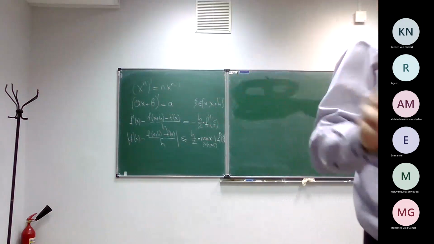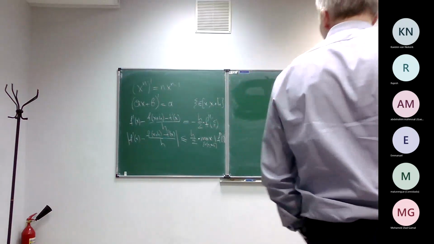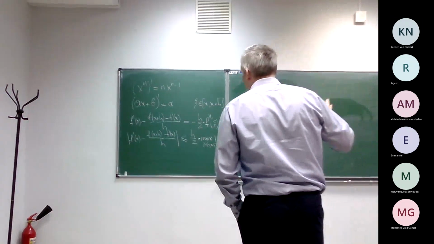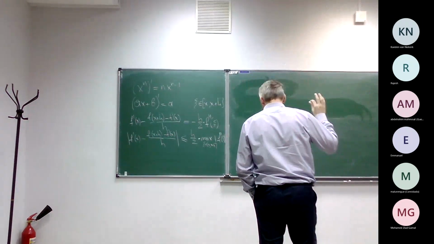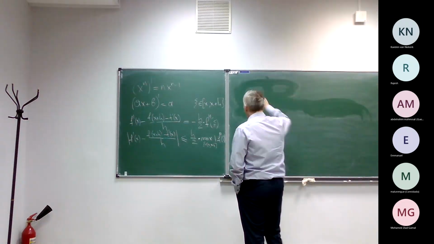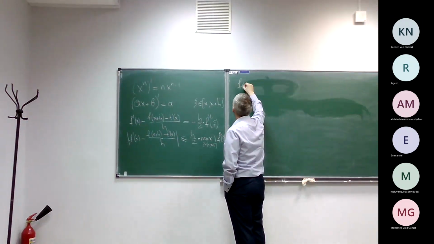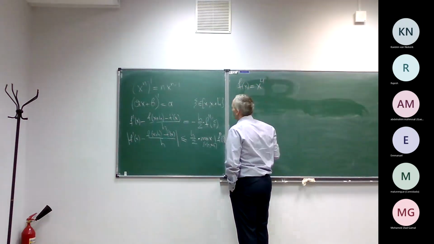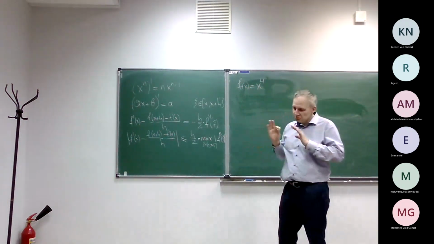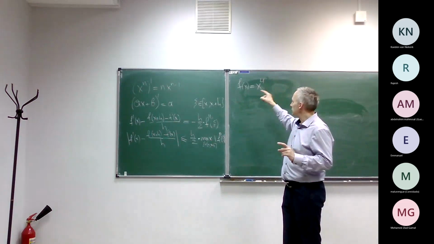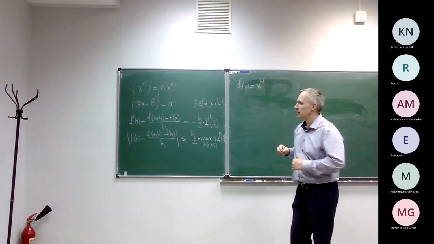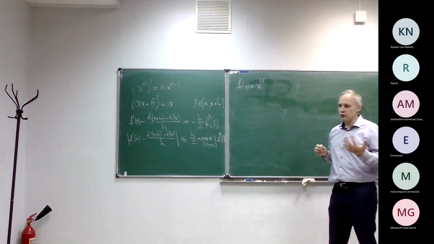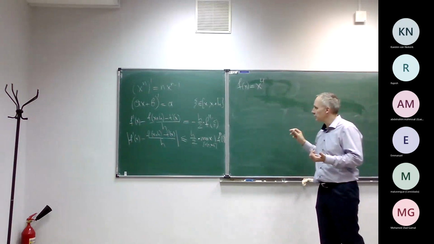A very, very simple polynomial. For example, f of x equals x to the power 4. Good example because it's very simple to find the real value of the derivative of this function.